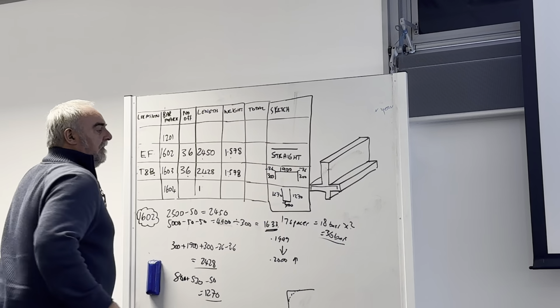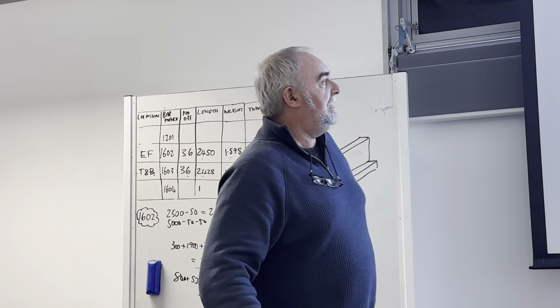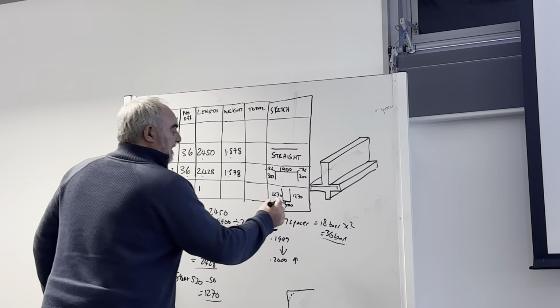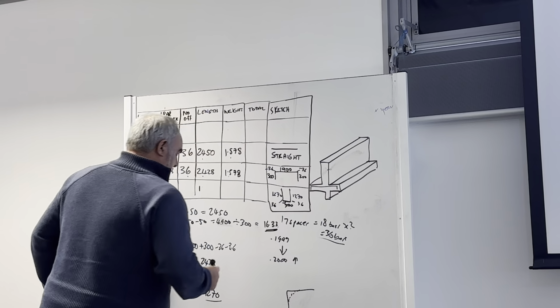What about the bends? Because we've got the bends of 36 up there. So we've got to take 36 off here, and we're going to take 36 off here.